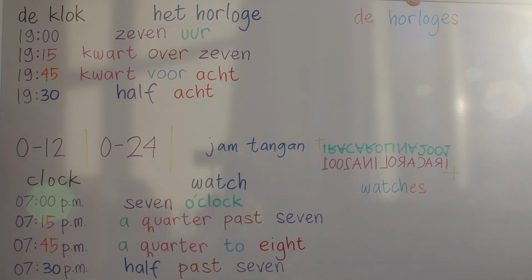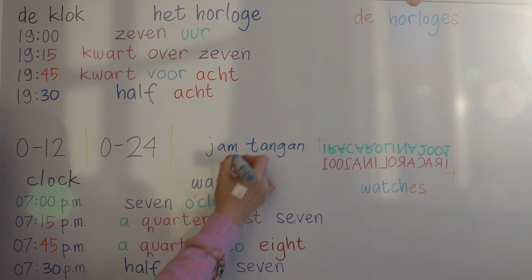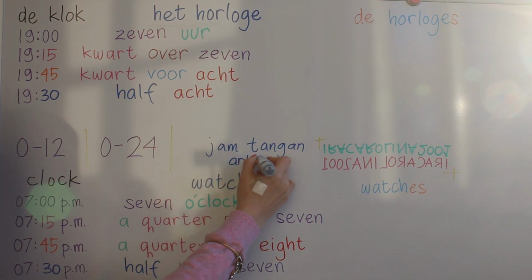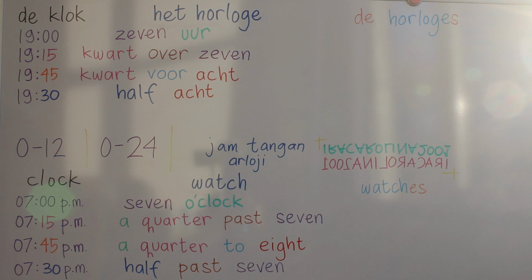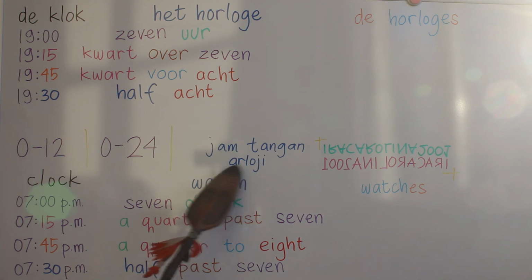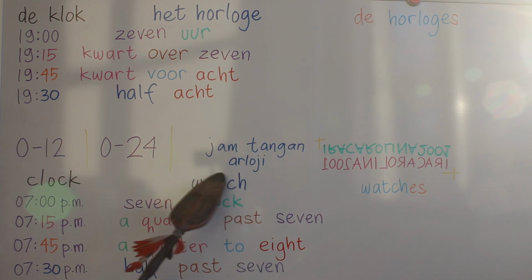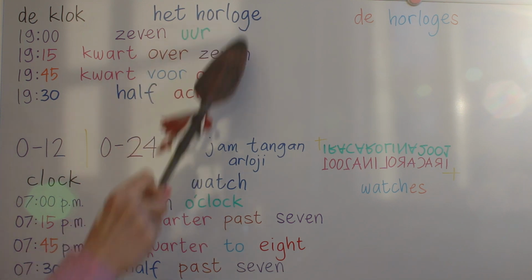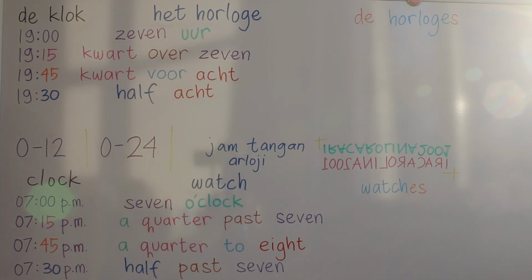Tangan is hand, but we also use arloji. Jam tangan or arloji for watch. This arloji is taken from this Dutch horloge. Horloge, watch. Horloge, in Indonesia it becomes arloji. Thank you.